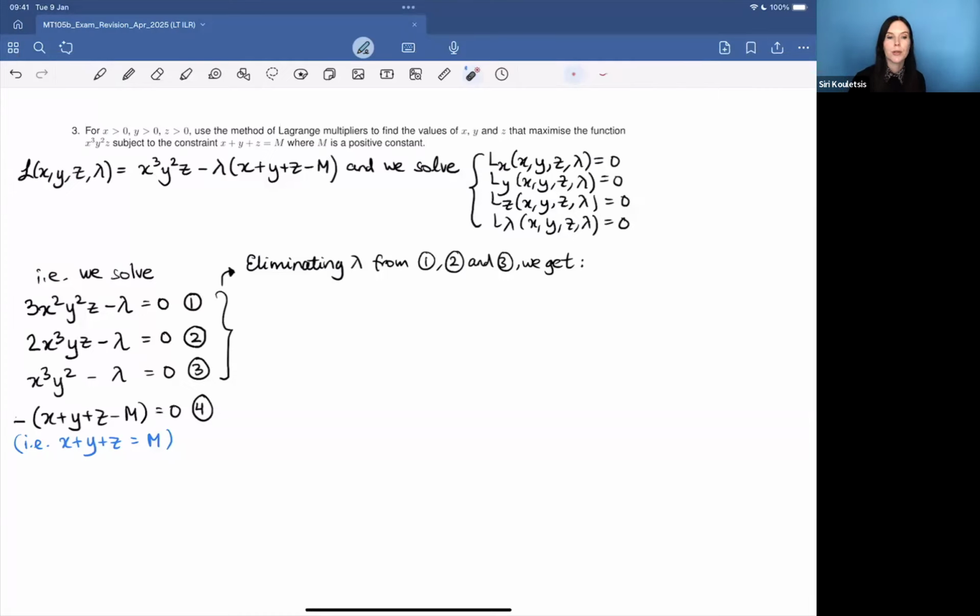And so I'm just going to save some space here. I'm not going to rewrite these 3 equations, but you can see that we can send the minus lambda here to the right-hand side there in all of these 3 cases, and then we can equate the expressions for lambda.